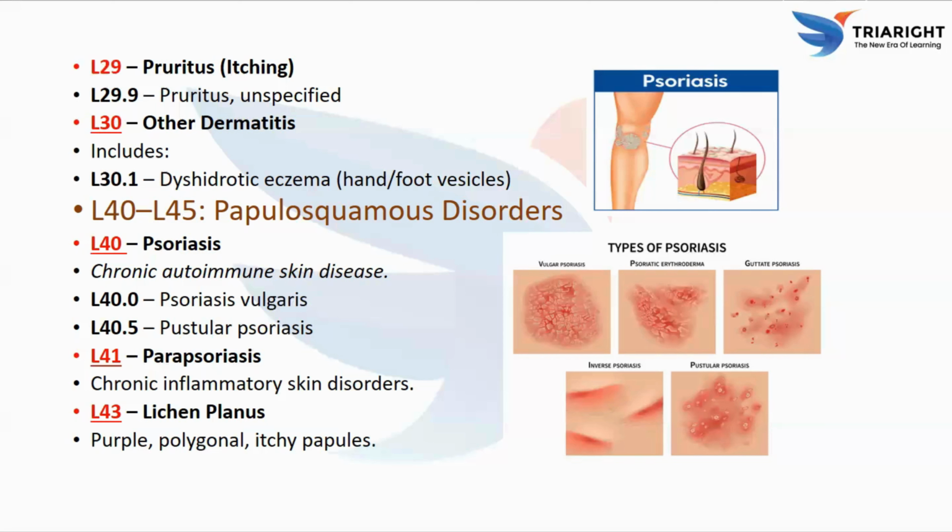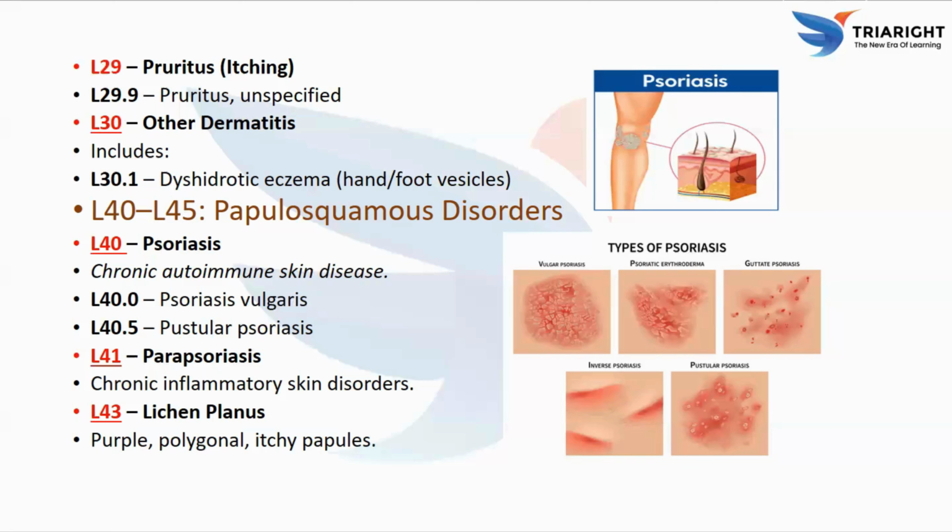The images on the slide show vulgar psoriasis, psoriatic erythroderma, guttate psoriasis, inverse psoriasis, and also pustular psoriasis. For example, if a patient with thick scaly patches on the elbows or knees is diagnosed, you have to assign the code L40.0.